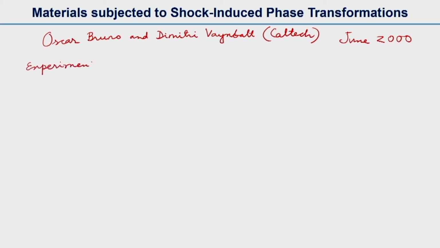Suppose a typical experiment: to produce a shock wave we have a flyer plate, which we can call the projectile, and the target.